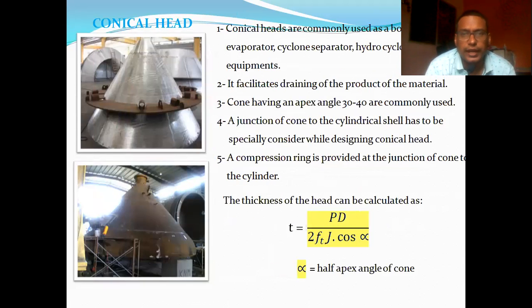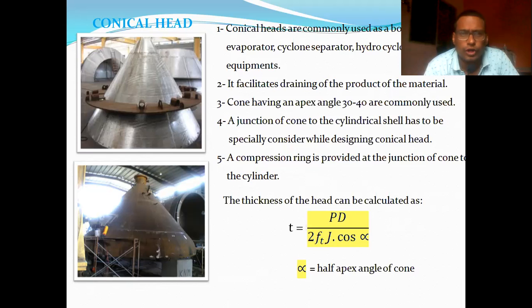Then there is a conical head. These conical heads are provided at the bottom of the evaporator, bottom of the cyclone separator, hydrocyclones, even at the bottom of the silos. Silos are nothing but to store the solids.